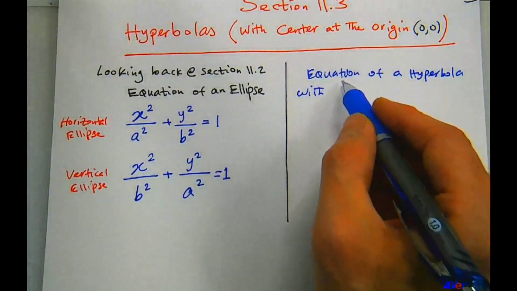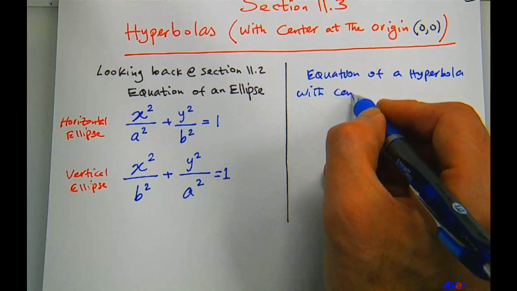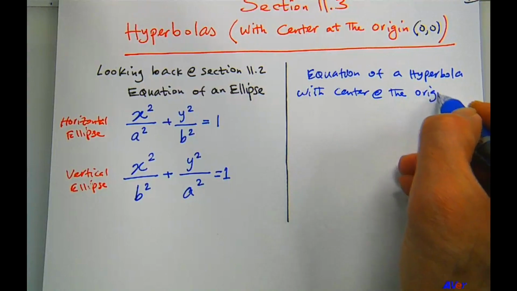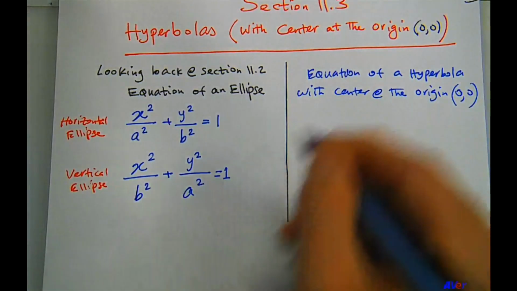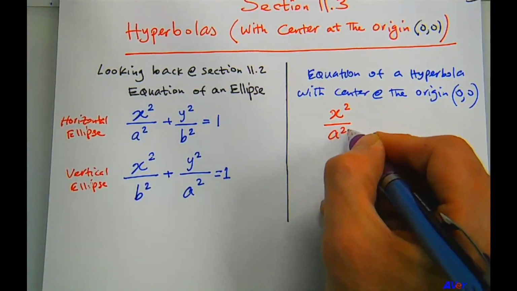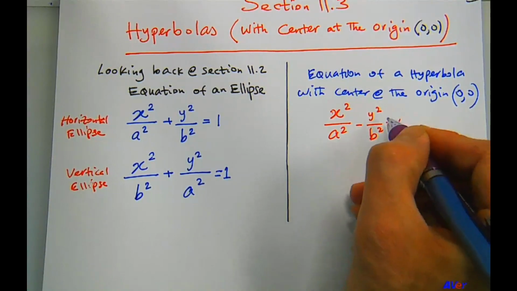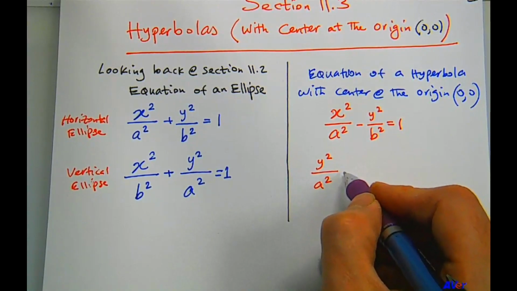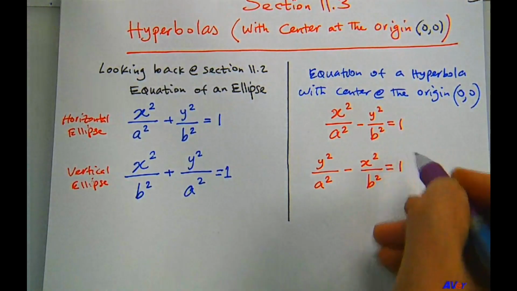For now, this represents the equation of a hyperbola with center at the origin, which is (0, 0), right? We have x squared over a squared minus y squared over b squared equals 1, either that or y squared over a squared minus x squared over b squared equals 1.